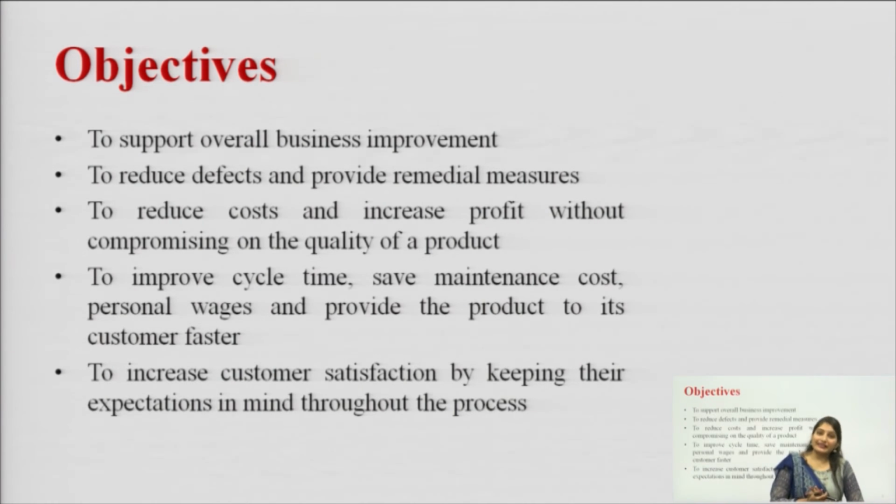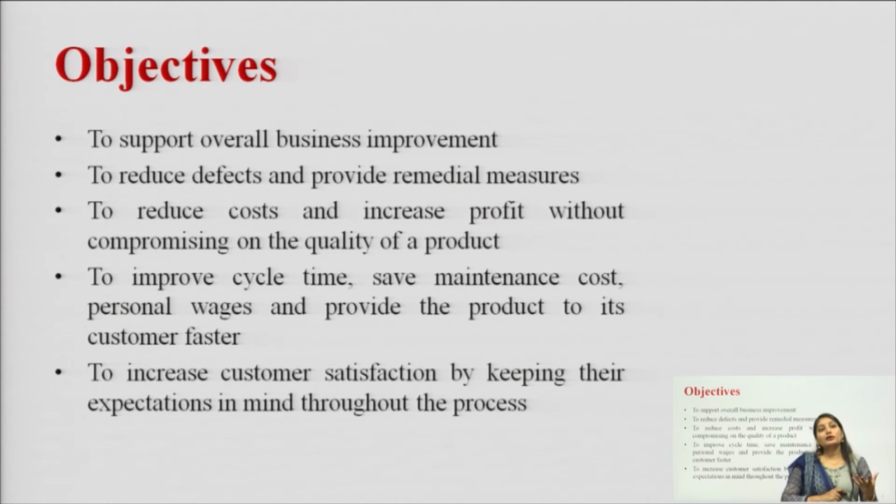We use scientific data, a fact based approach and an objective based approach, meaning we focus on profit generation and quality improvement, and we provide a lot of training to all the team members working in the process. By all these characteristics and parameters, we can improve the business.